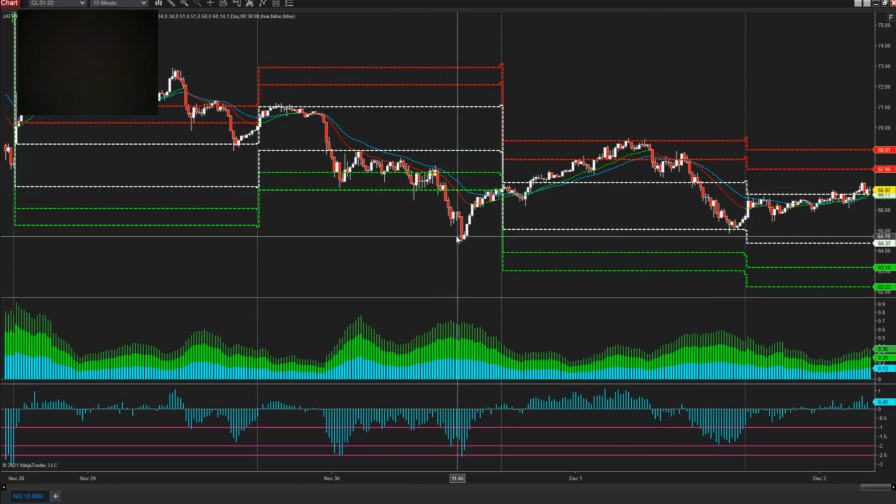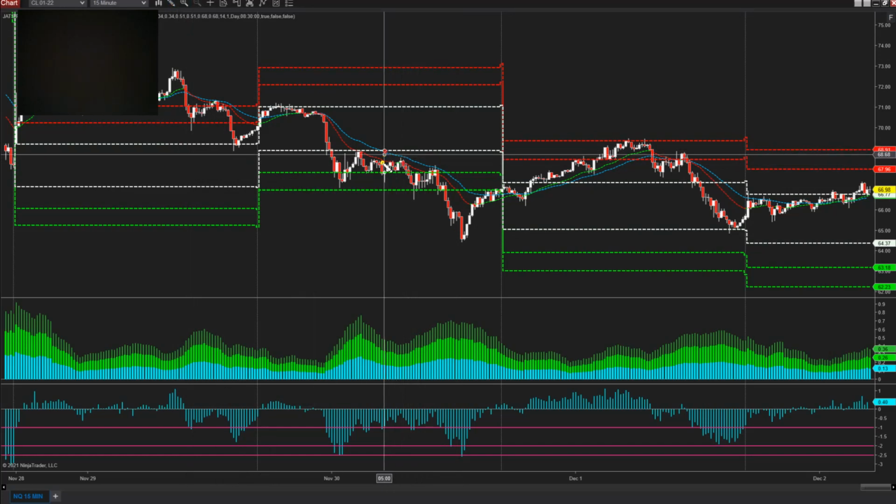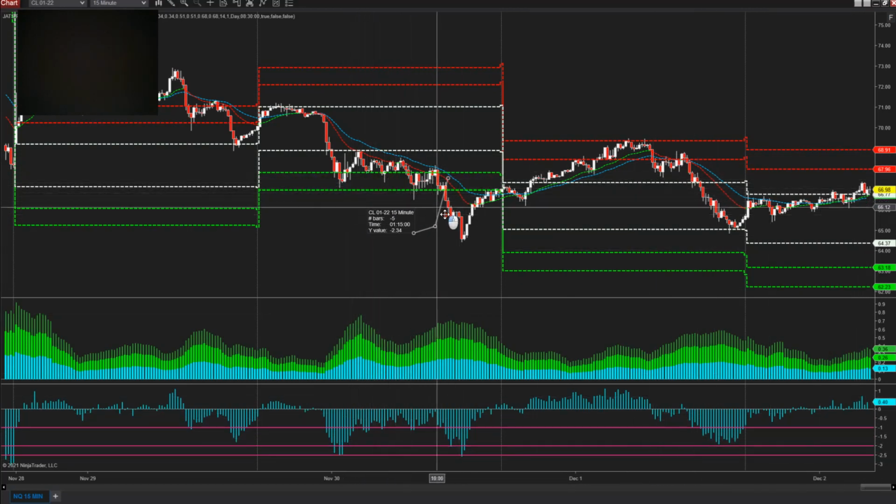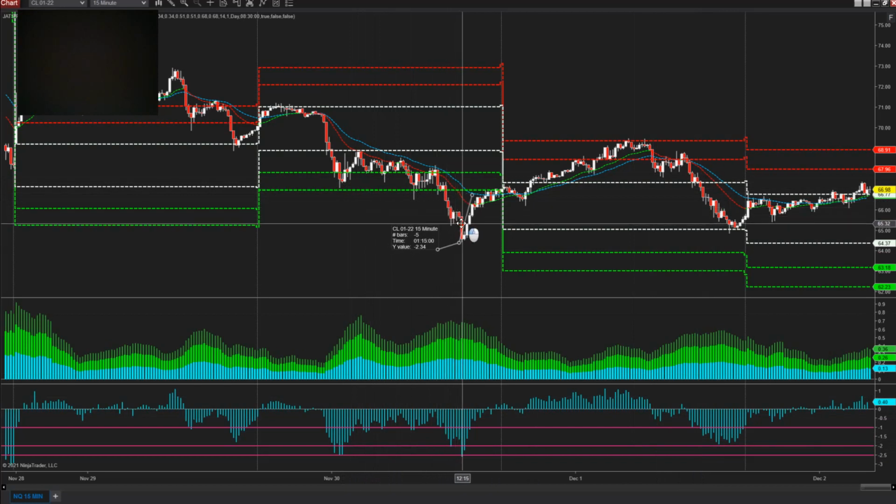So I can do that a couple of different ways. I can measure the distance between the EMA to a threshold, like right here. The standard threshold's 1, 2, 2.5, and that's usually in a normal move appropriate.